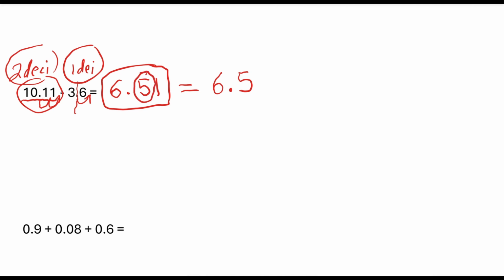And to see if it goes up or down, we look at the number next to it, which is a 1, which means it stays the same. So our final answer is 6.5. We get rid of the 1. Let's move on to the next example.